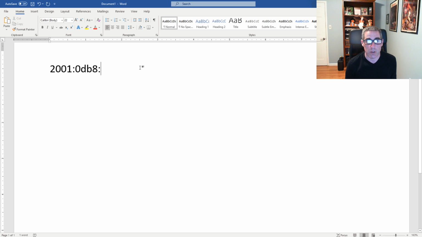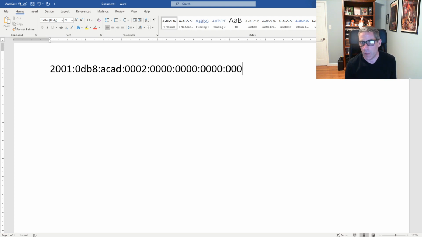So we have 2001, 0db8, ACAD, and we have 0002, and now a lot of zeros, broken up into blocks of 4, and then one final block of 4, which we're going to talk about in a minute. It's a hextet, but it's just a block of 4 for now, and then we end it with /64.